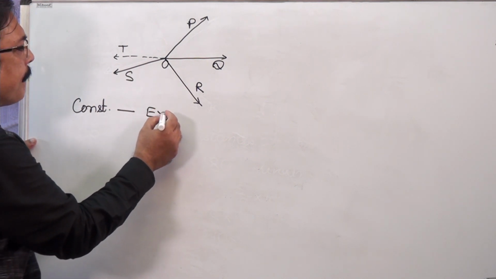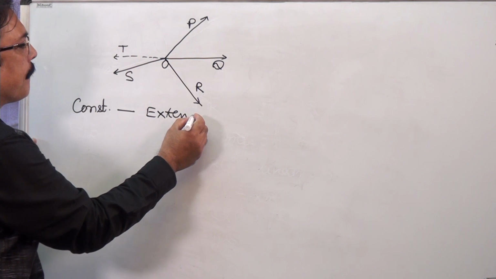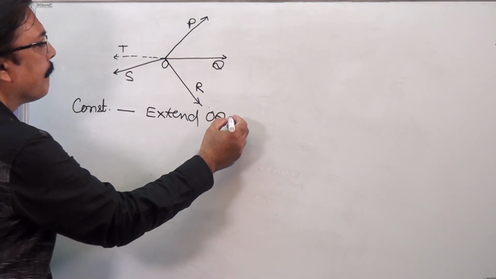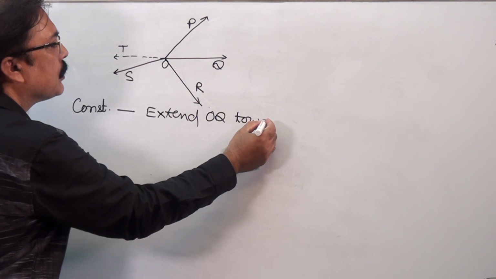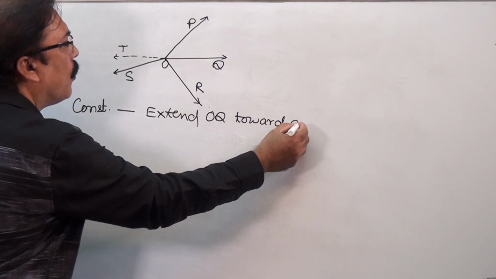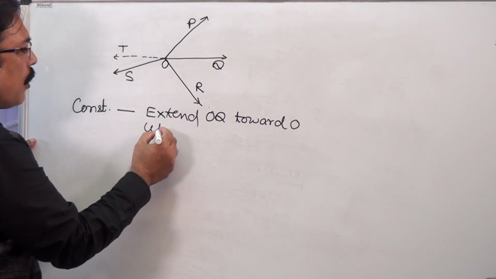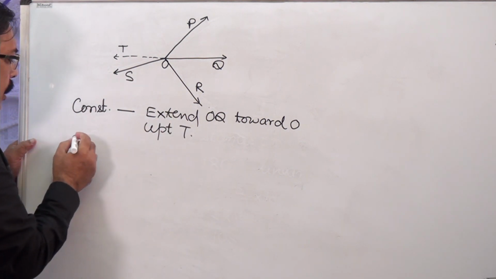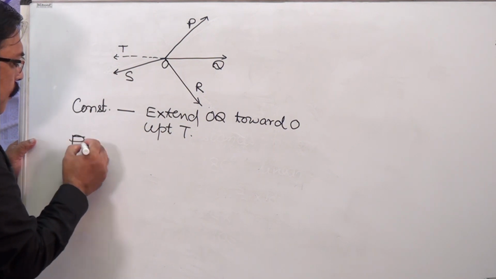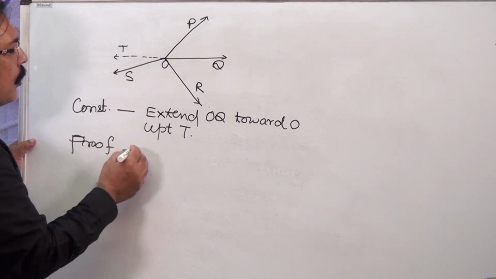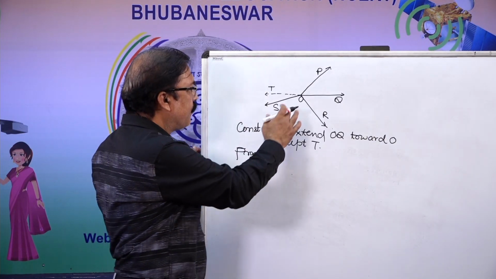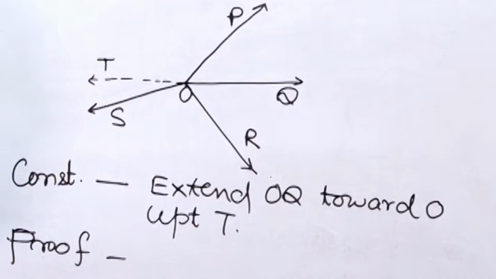Extend OQ towards O up to T. Then to prove, as it is given, we have to prove the sum of these 4 angles is 360 degrees.